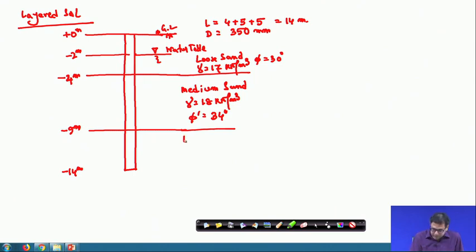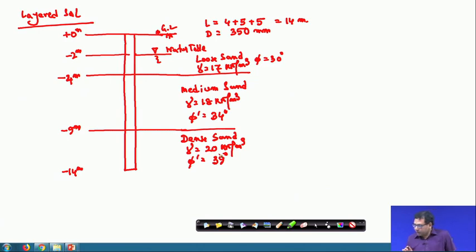And the third layer is dense sand, and the unit weight is 20 kilonewton per meter cube, and phi dash is equal to 39 degree.